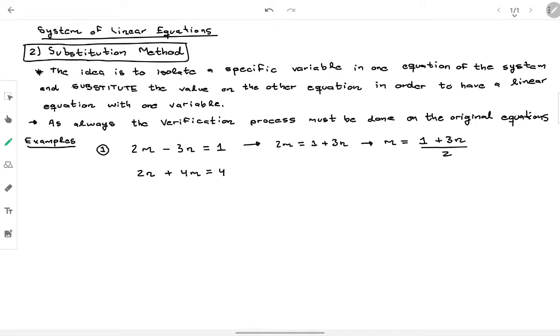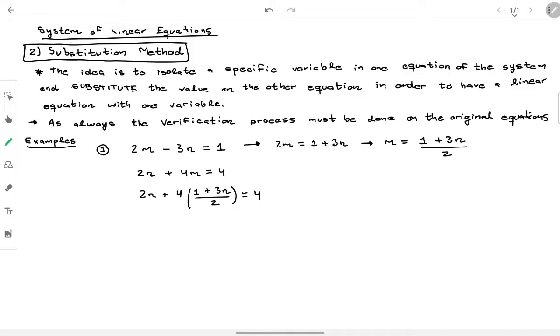So I have isolated the m. We can substitute that value of m in the second equation, and it's going to be 2n plus 4 that multiplies the value of m, 1 plus 3n divided by 2, equals 4.